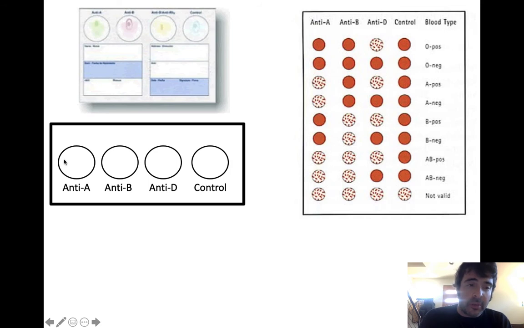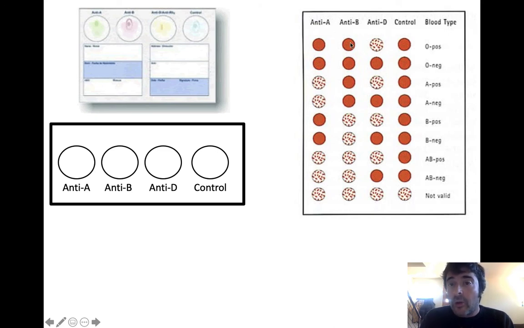So I'm going to show you images like this. What we're going to talk about is, based on the agglutination reaction, what would the blood type of the person be? What antigens would they have on the surface of their red blood cell? What antibodies would they produce and who could they donate to? We're going to call these no clumping or no agglutination, and we're going to call these, where you see the little dots clumping, agglutination.